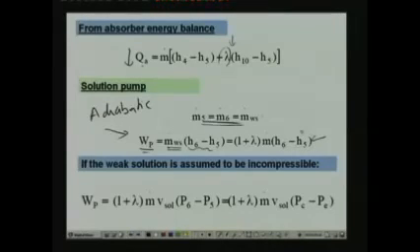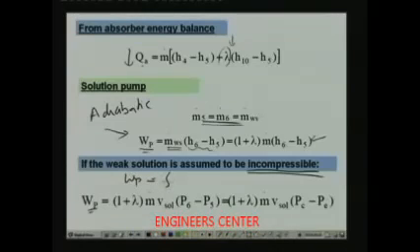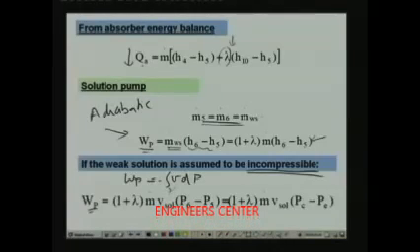So we can make one simple assumption that the weak solution is incompressible. Okay, if you are assuming that it is incompressible, that means its specific volume remains constant. Then you can get this expression. How did you get this expression? You can also use an expression like this, minus VdP, okay, from state 5 to 6. This we have discussed while presenting basic thermodynamics.